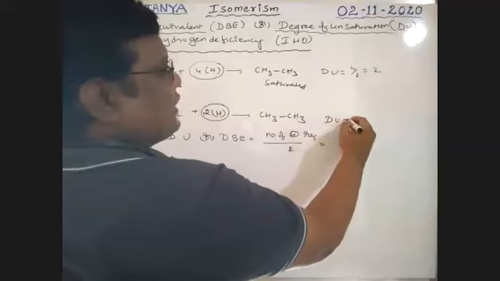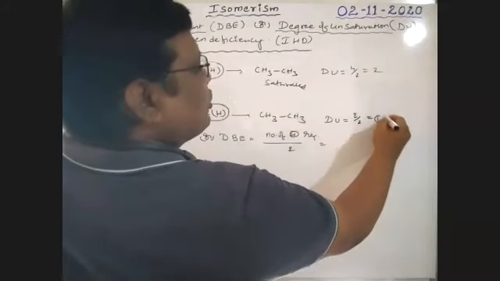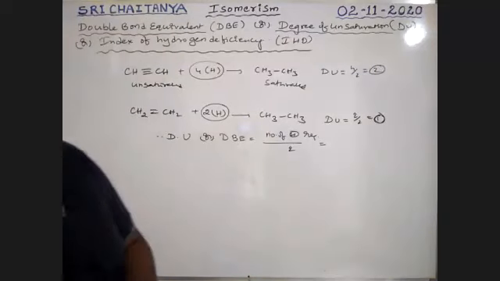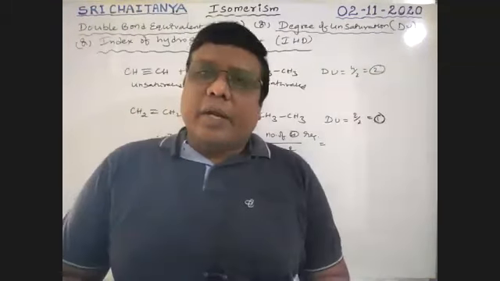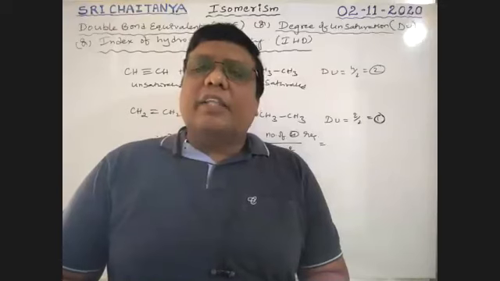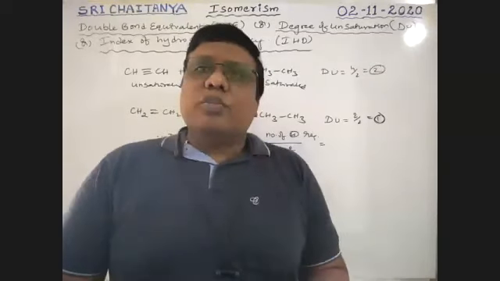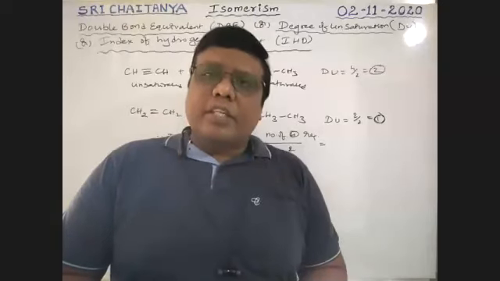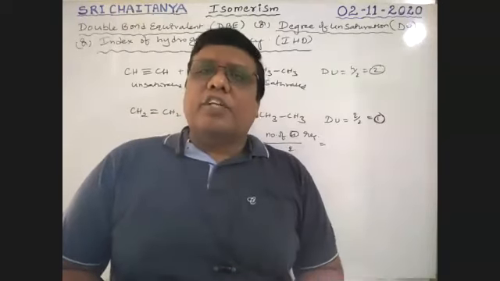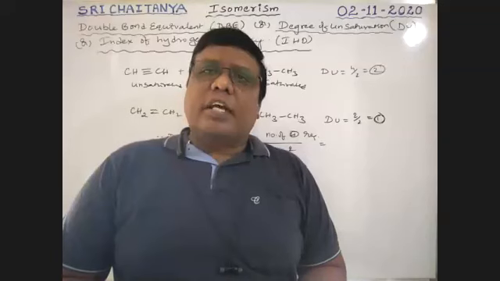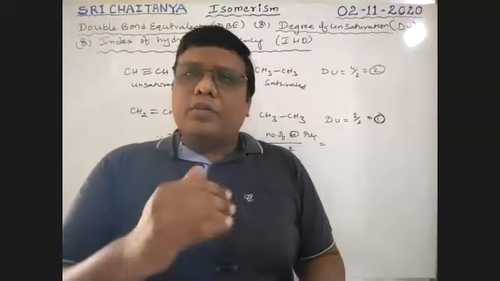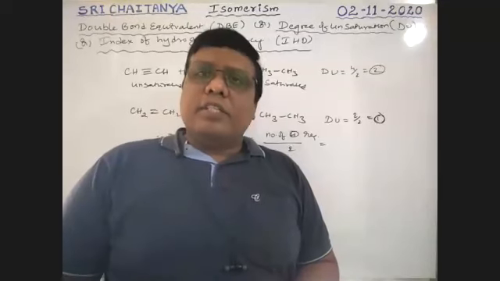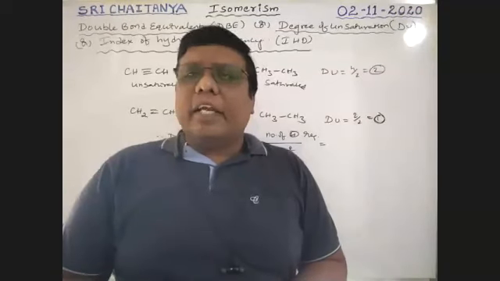Here degree of unsaturation is equal to 2/2, which is equal to 1. Therefore, degree of unsaturation is nothing but the number of hydrogens required to convert the given unsaturated compound into the corresponding saturated compound, divided by 2. Okay, so this is the way to calculate degree of unsaturation.